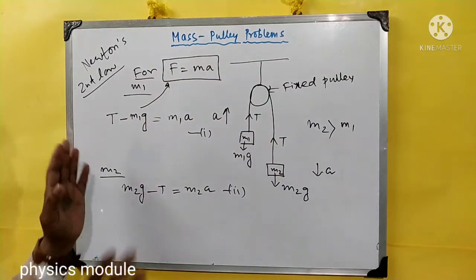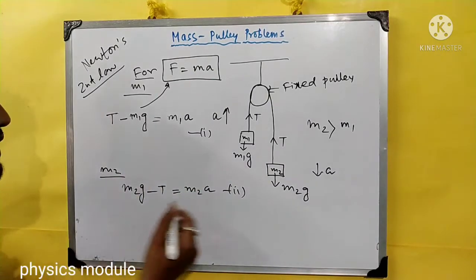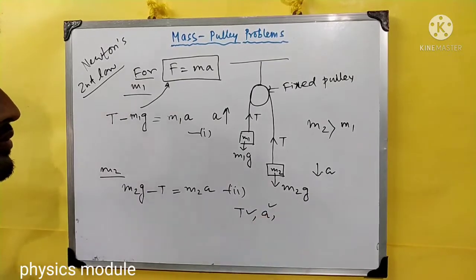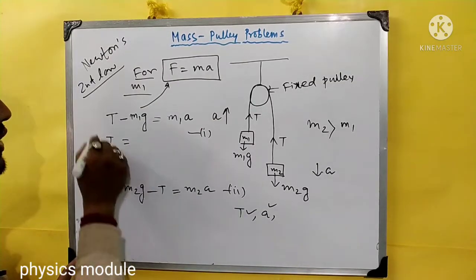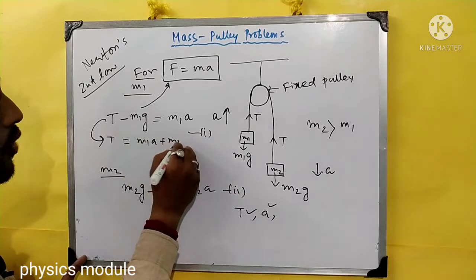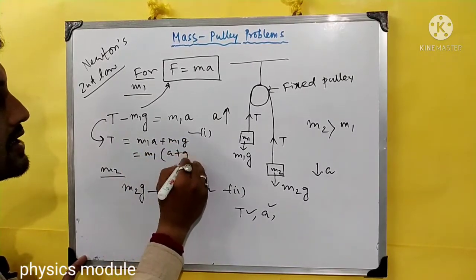And one more thing: from these two equations you will get the value of T, and you will get the value of acceleration also. From here you can write T equals m1a plus m1g, that is, taking m1 common, m1 times (a plus g).